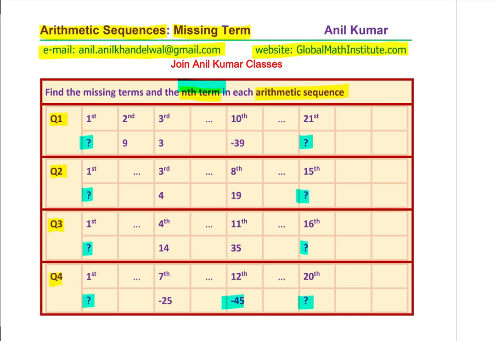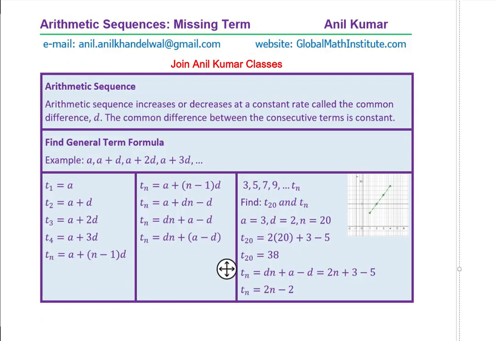I'll begin with the basic concepts as I did in my earlier videos also. So as you know, arithmetic sequence is what? Well, arithmetic sequence increase or decrease at a constant rate called the common difference, which we say D in our case. So the common difference between the consecutive terms is always constant.